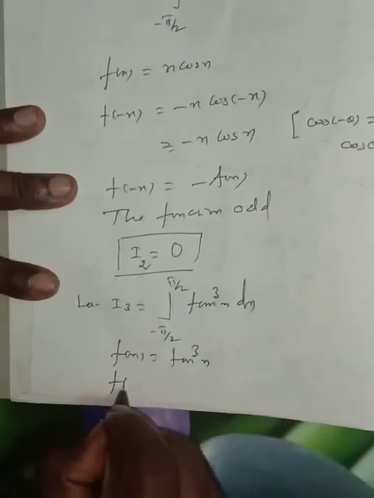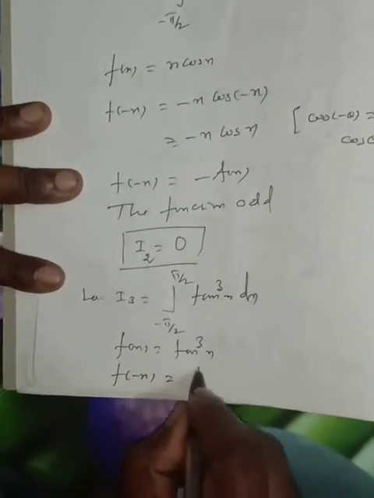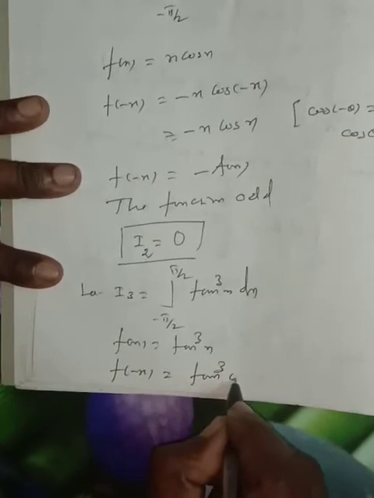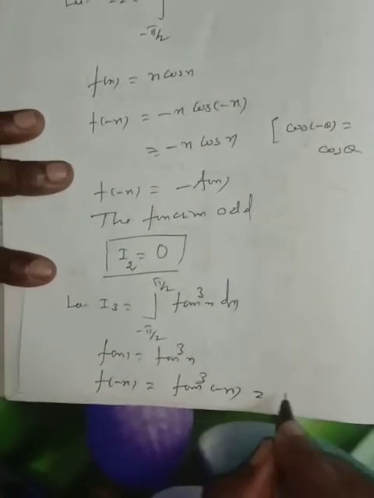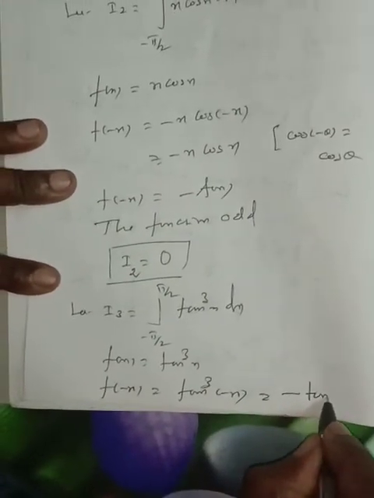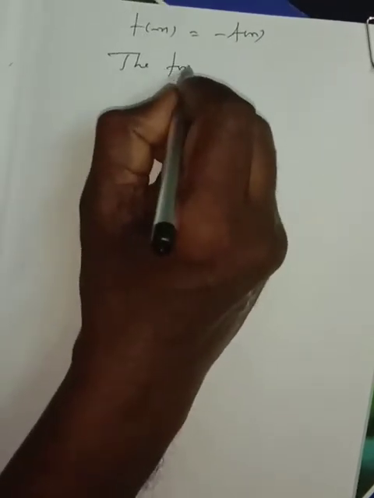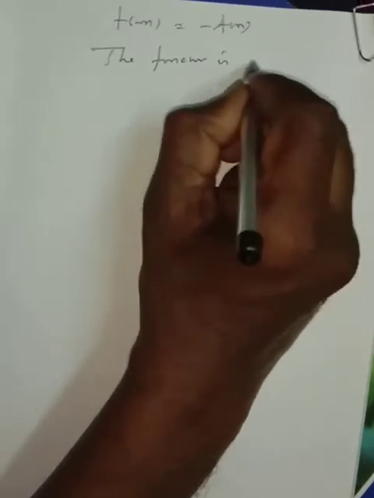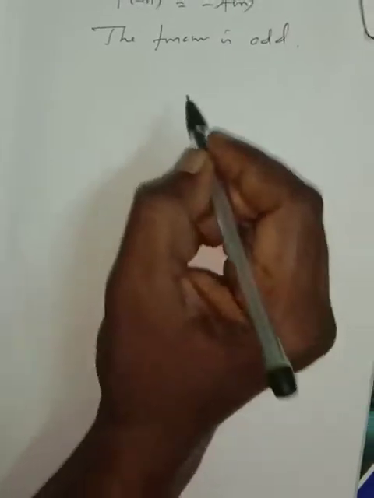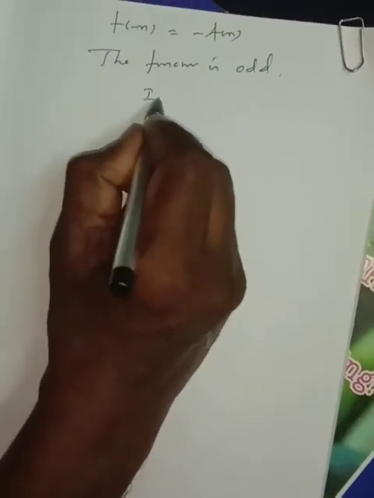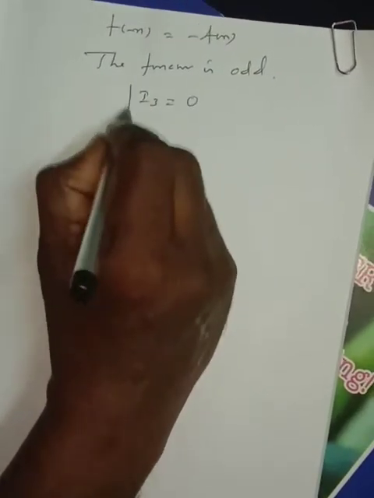F of minus x is equal to tan cube of minus x, which is minus tan^3 x, equal to minus f of x. The function is odd. Therefore, I3 is equal to 0.